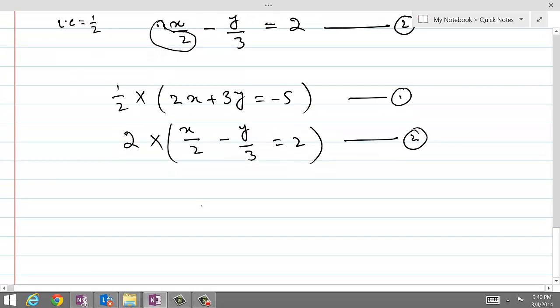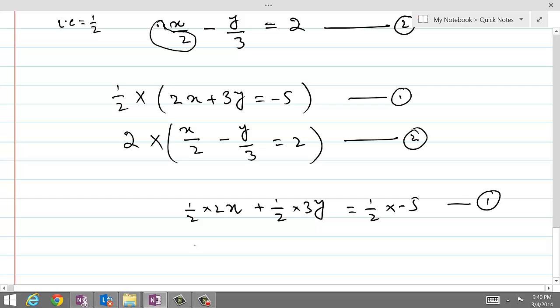So if we multiply, 1 over 2 times 2x plus 1 over 2 times 3y equal to 1 over 2 times minus 5. That is still equation 1. And 2 times x over 2 minus 2 times y over 3 equal to 2 times 2. This is still equation number 2.